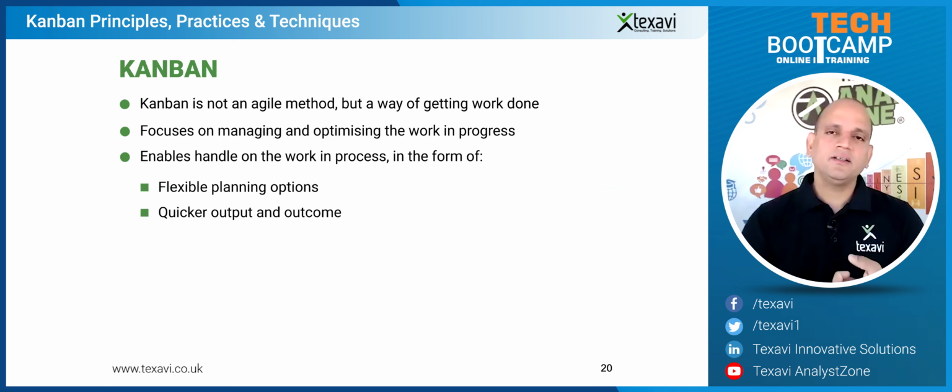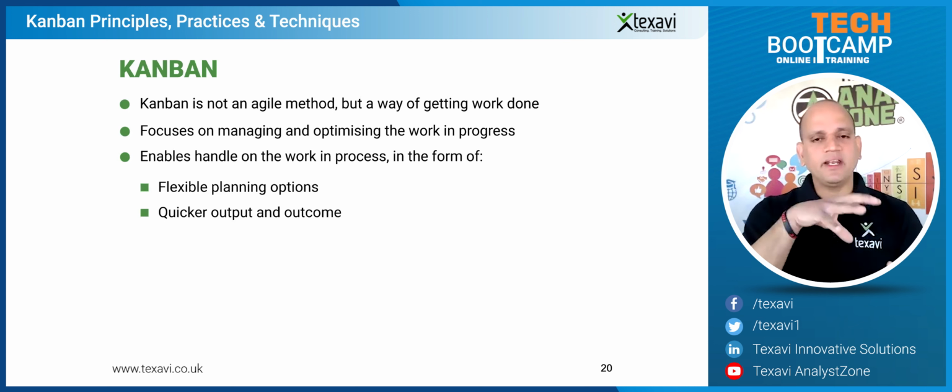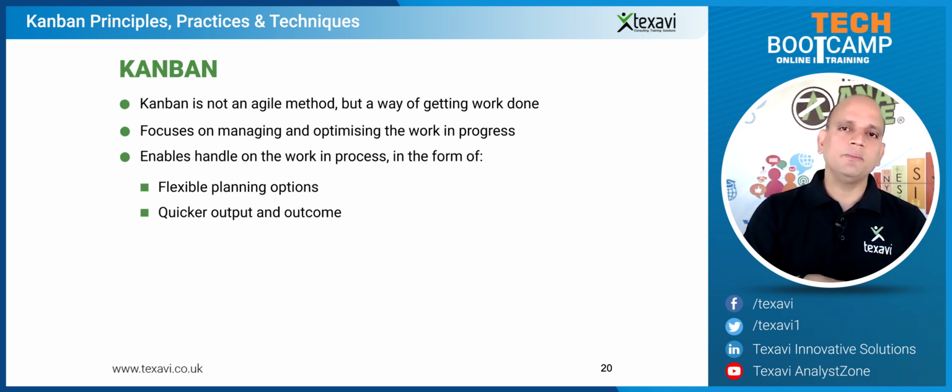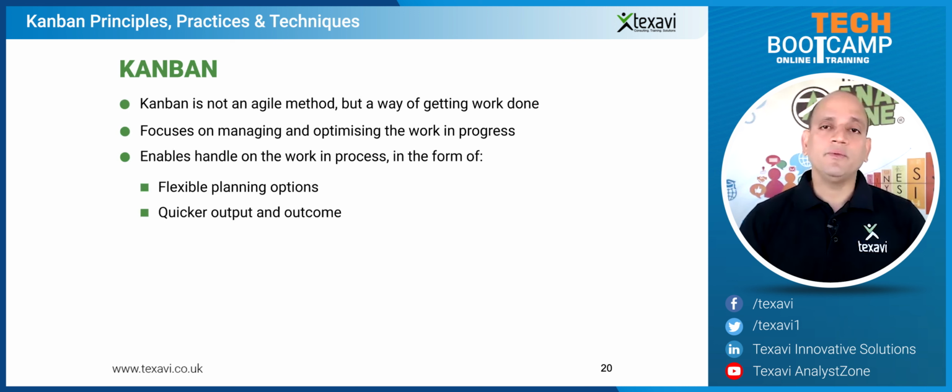So the earlier, the quicker in the life cycle that you find the bug or the defect, the better, because the effort and time is limited to that extent. If you find a problem in the requirement stage, you haven't even started developing, which is good because the developer's time has not been wasted.